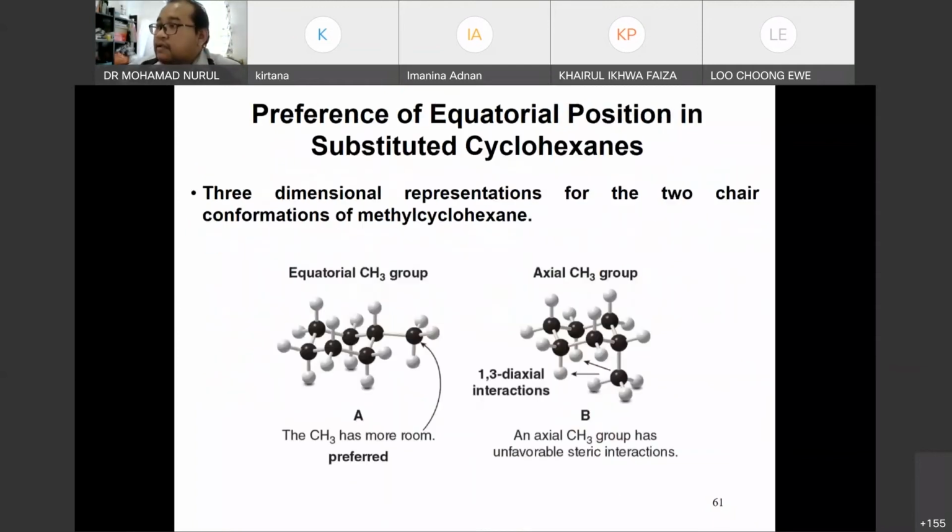Preference of equatorial positions in substituted cyclohexanes: three-dimensional representations for the two chair conformations in methylcyclohexane. This explains why we prefer to put the bulky groups or substituents in the equatorial positions, represented here by the ball and stick model.